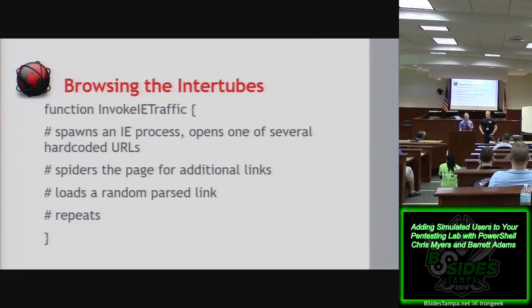So what are we actually doing here? Opening up an IE process, and that'll choose one of several random URLs, load that page. Once it's on that page, it scrapes all the links from that page, and chooses a random one. You can configure how long it's going to wait between each of those page loads, and also how deep it's going to go.